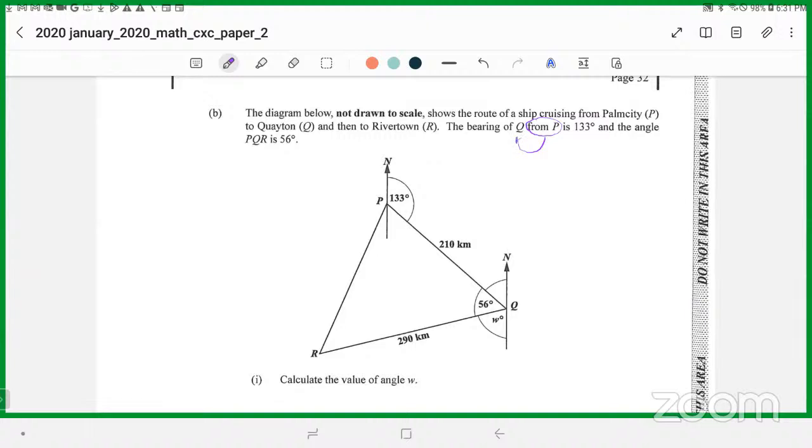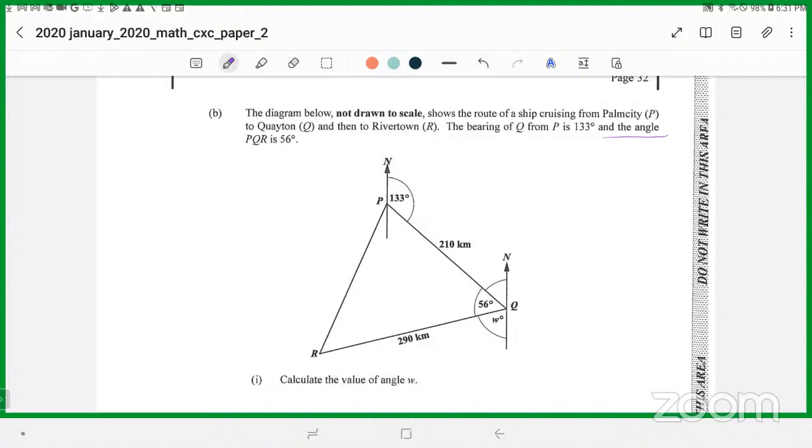From P to Q is 133. They're putting it on the diagram here. It's like you stand at the from position, P, you face north first. It's the angle through which you have to turn to the right to face Q. So they're helping you by giving you this 133 there.